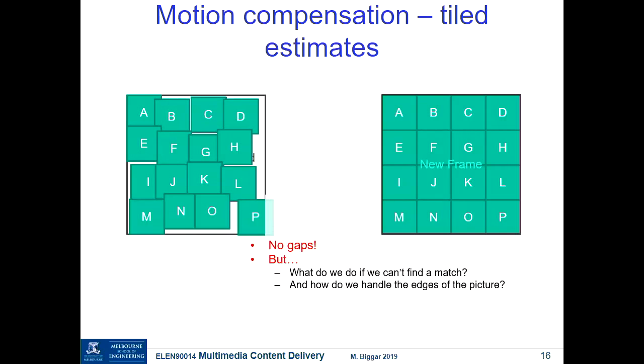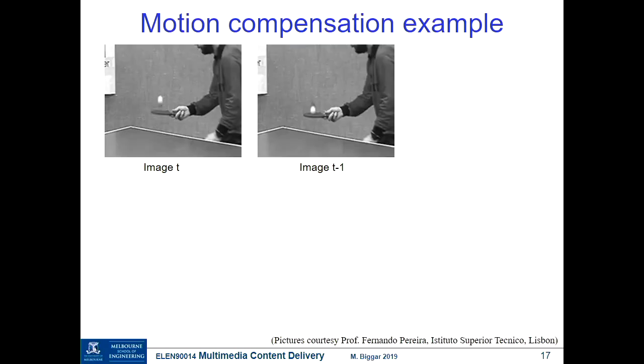So there are different ways of handling that. We could put constraints and say we can't search outside the picture frame, or we can try to interpolate and guess what's happening out there. We might come back and revisit that a little later. But for now, let's just focus on the motion compensation process.